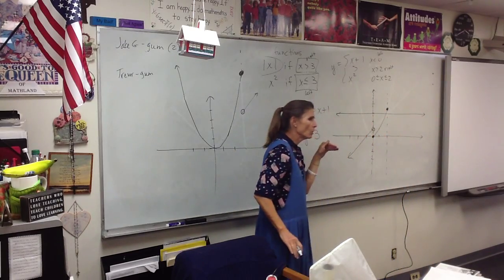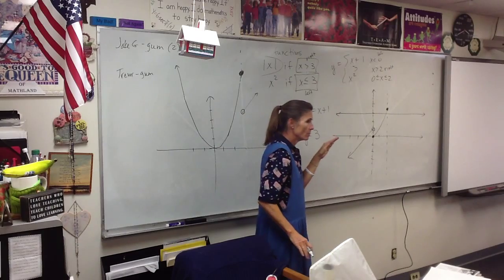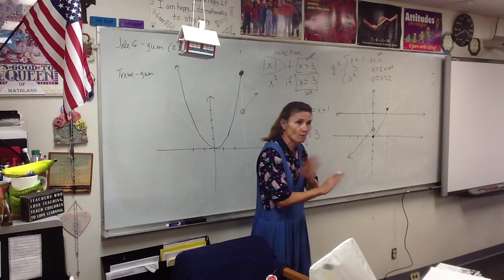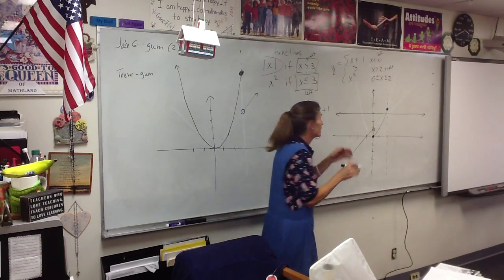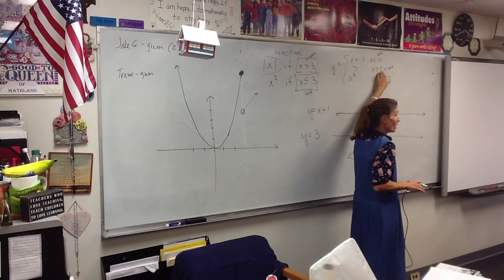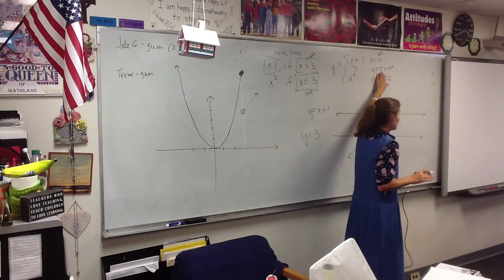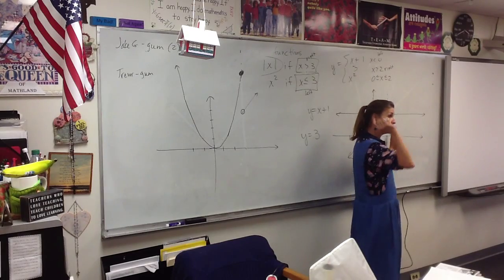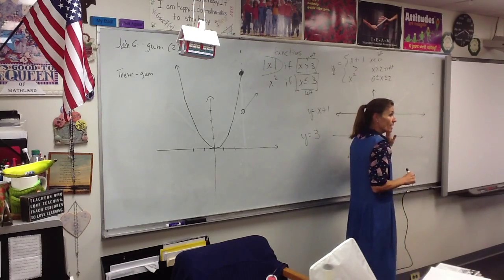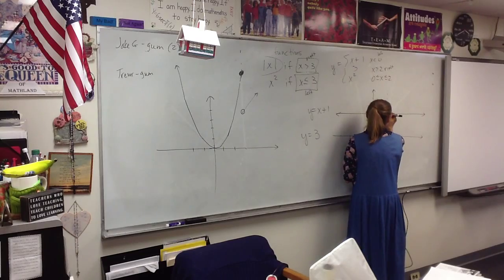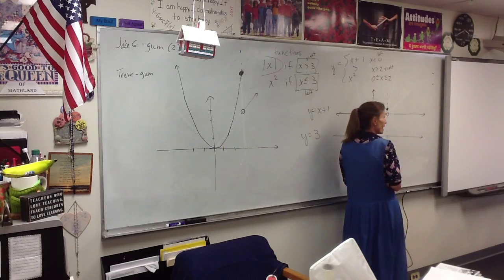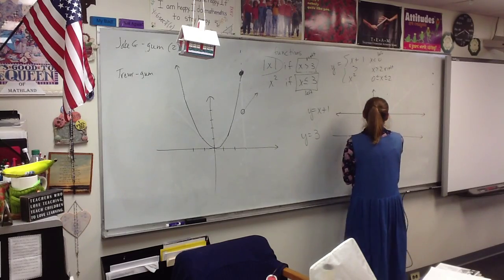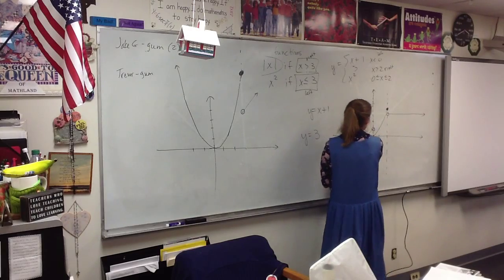Do I want that whole line, though? No. In a piecewise function, I never want the whole thing, I just want a piece of it. Which piece do I want? Greater than 2. So here's my 2 boundary, and greater than means to the right. So I'll put an open dot right there where it crosses the boundary and get rid of everything to the left.